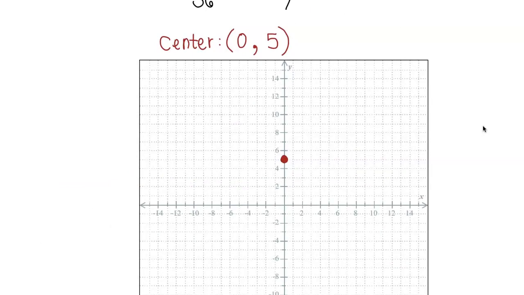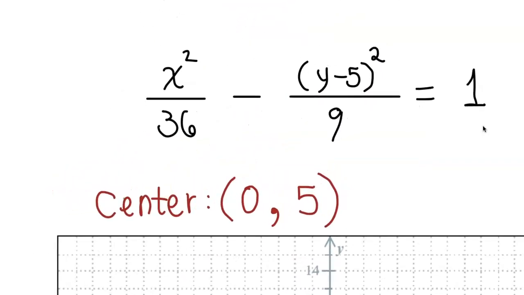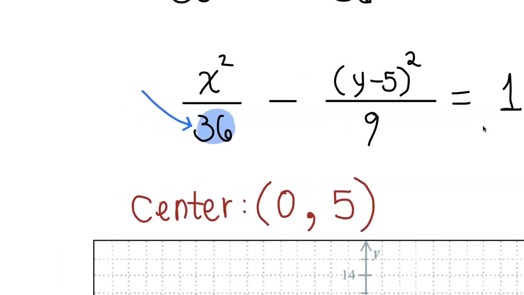Now, let's find the vertex. Should we go right, left, or up or down? Well, I don't know. Let's take a look. Now, you always go about the bigger amount to plot the vertex. What's bigger, 36 or 9? Well, 36 is definitely bigger, right? And notice 36 is the number under x. So that tells us to plot the vertices. I'm going to do both of them.